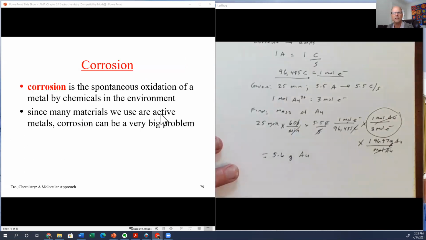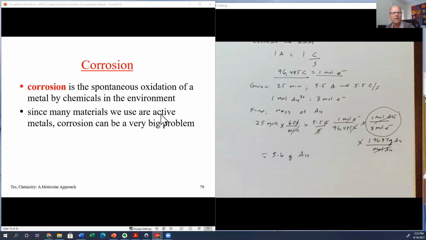corrosion. So corrosion is probably most familiar as rusting, right? If you leave iron things out over time in the weather, or especially in salt air, they'll tend to rust. It's actually the oxidation of iron that you're seeing, and rust is a form of iron oxide.